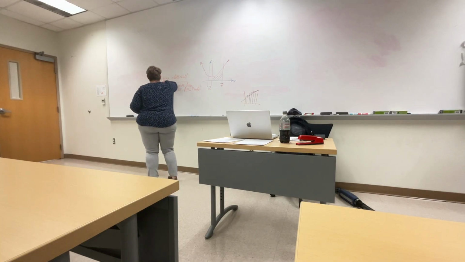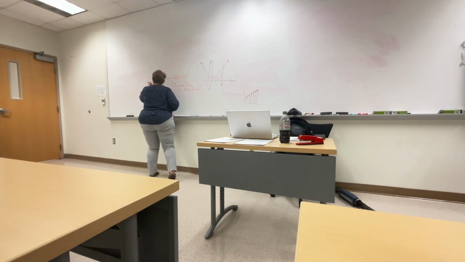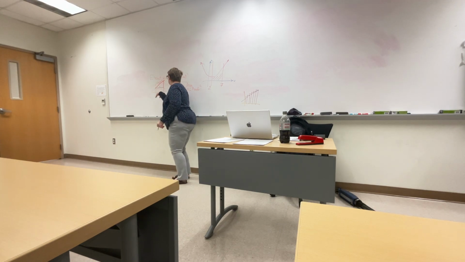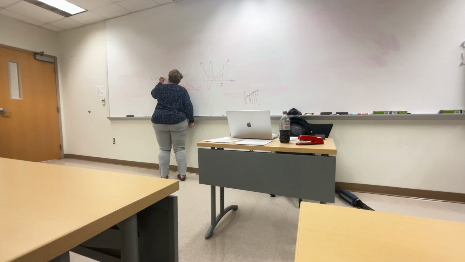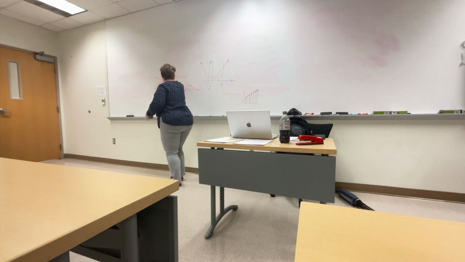And we said last time that f of 5 is 23, so we have the point 5, 23 at the top, and the point 0, 3 at the base. What is the height of this triangle?